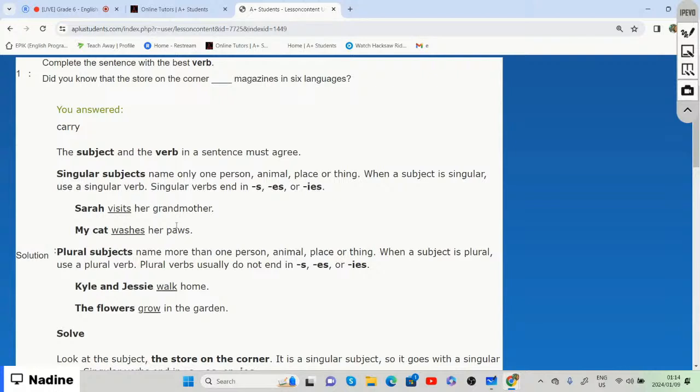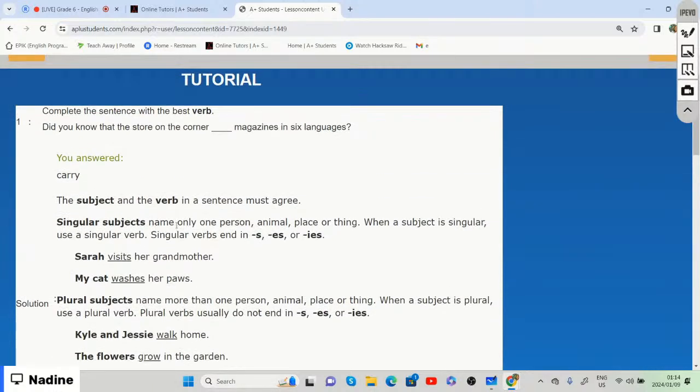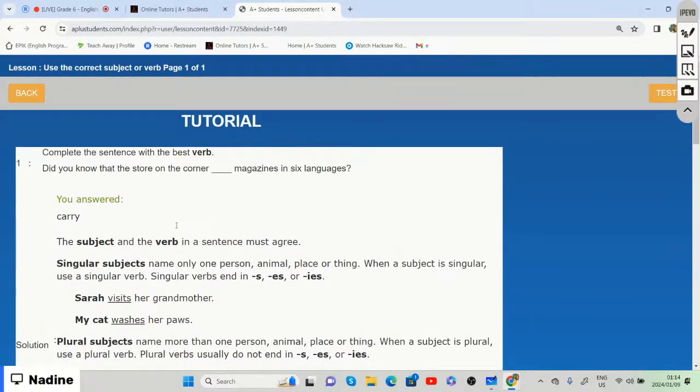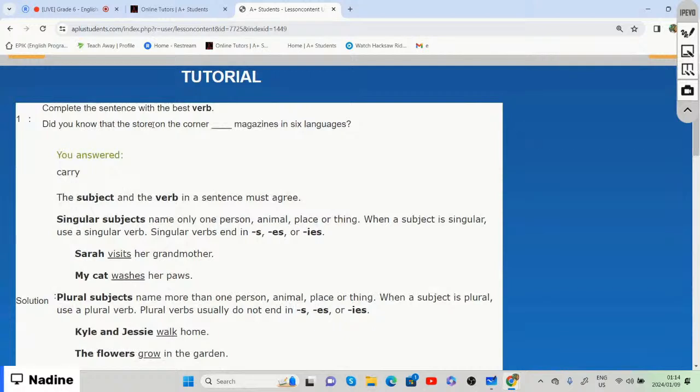And singular verbs end in s, es, or ies, whereas plural verbs do not end in s, es, or ies, right? So we're going to look at a few sentences, or let's say activities, where we are going to complete the sentence with the best verb, right?